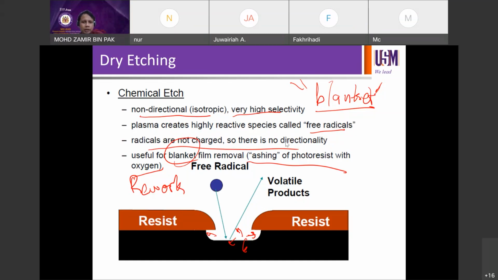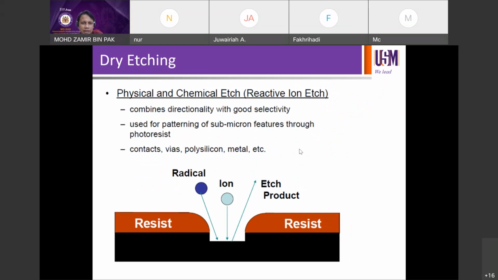So, clear blanket. Next, physical and chemical etching. It combines directionality with good selectivity, used for patterning of submicron features through resist. It can be done on contacts, vias, polysilicon, metal. These are all layers we will learn about later. Contacts: when you print a hole, we call it a contact hole. Vias are the same, but contact means the metal contact.